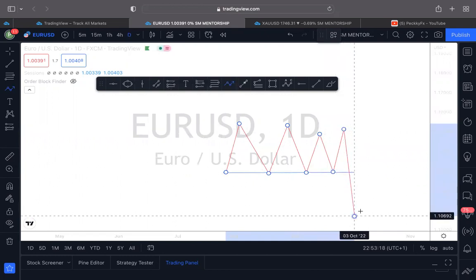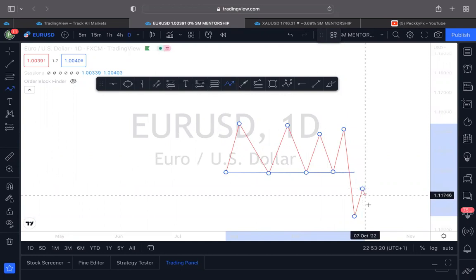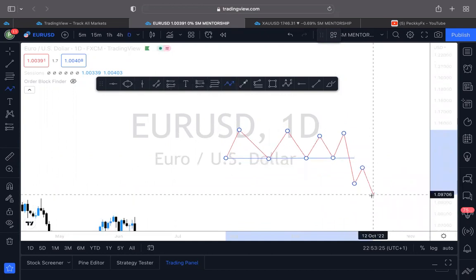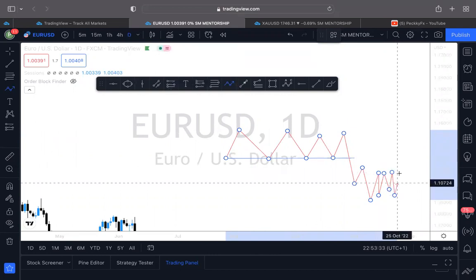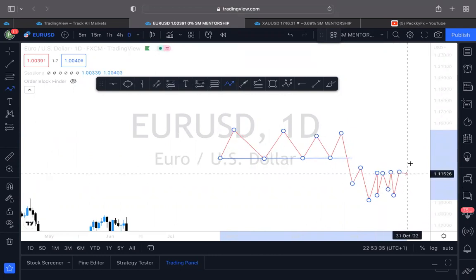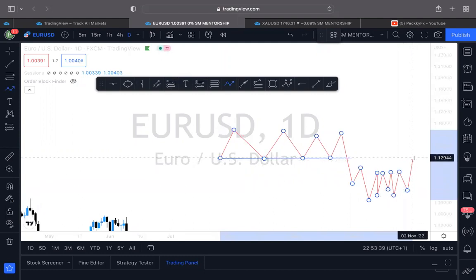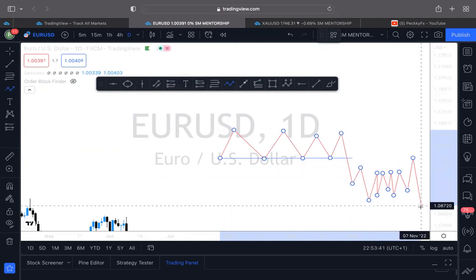Sometimes the market might just come here and start creating levels like this, probably something like this, giving you a virtual resistance. Then boom, it comes back here and the selling continues.